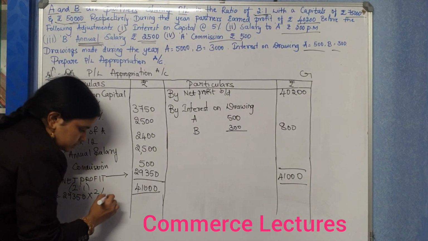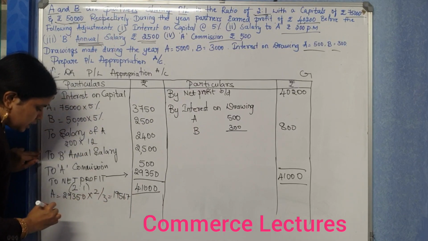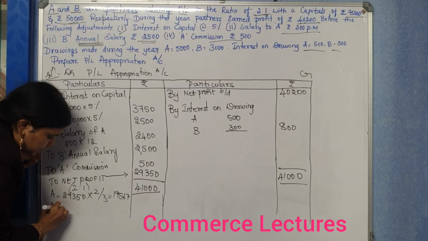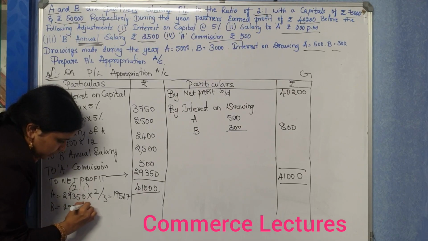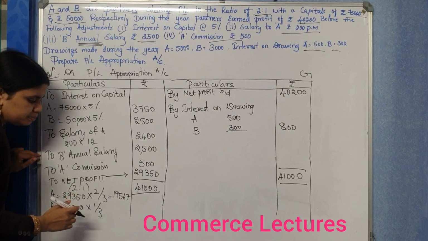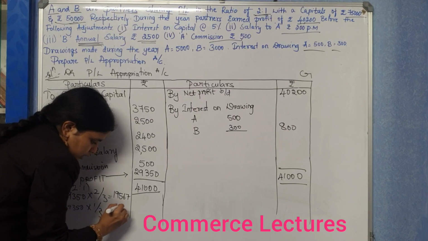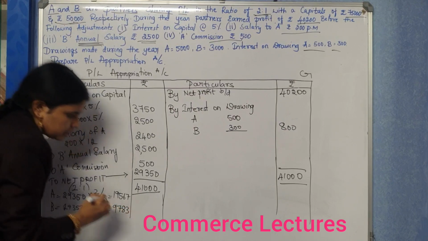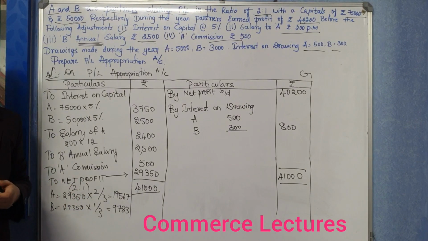You will get 19,567. Okay. Next, B is equal to 29,350 into 1 divided by 3. 1 is of whom? B. If you calculate this, you will get 9,783. So, this is the ratio in which they get the profits.